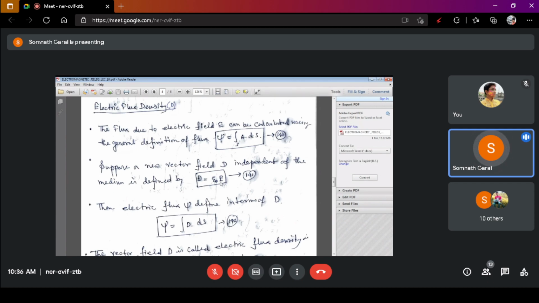Okay. So electric flux density capital D, whose main equation is capital D equals epsilon naught into E, where E is the electric field intensity.